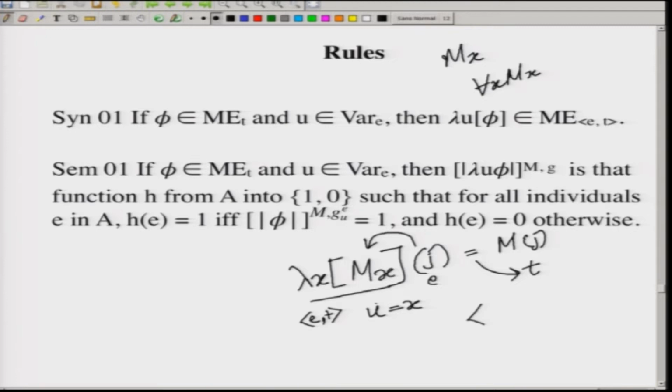And so, a few other types we consider later. Now the semantics of it: if phi belongs to MET and u is a variable of the first type, e type, the lowest type, then the value of lambda u phi is that function h from A into 0 or 1, that is the truth values, such that for all individuals e in A, h of e equals 1 if and only if the value of phi under g with e for u is 1, and h of e is 0 otherwise.